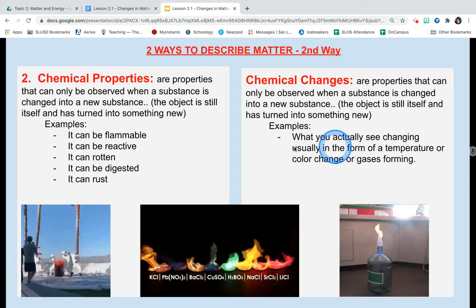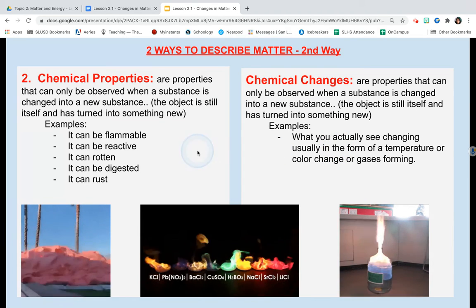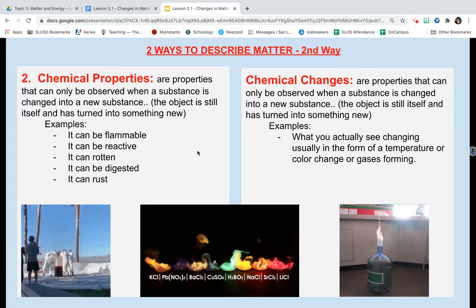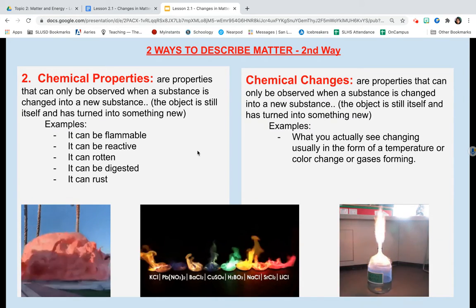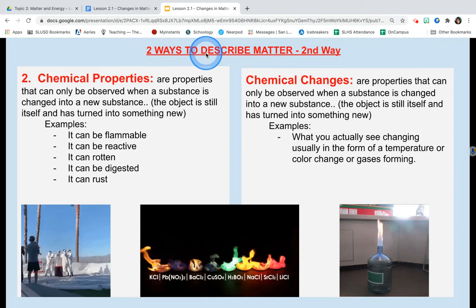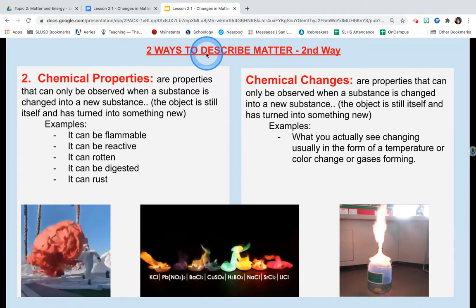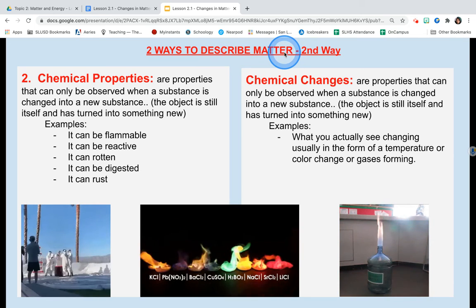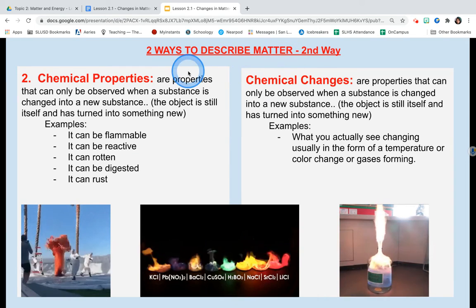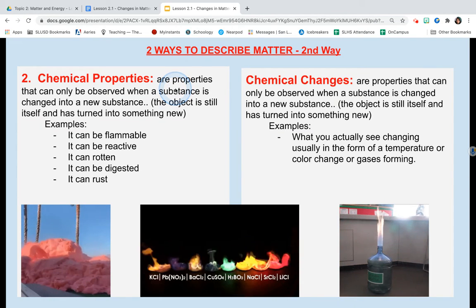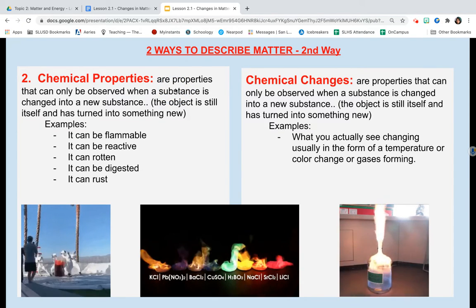The more interesting thing that calories is related to, and what we'll do for most of chemistry, is look at chemical properties and chemical change. So that's another way, or the second way, to describe matter, right? The first way was physical properties and physical change. The second way is using chemical properties and chemical changes. So chemical properties are things we observe when something turns into something new.